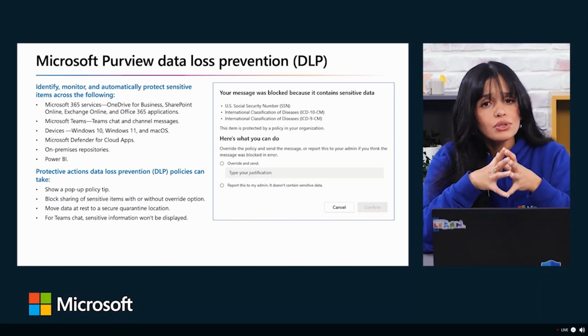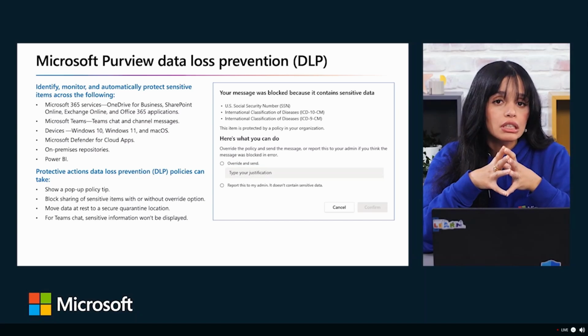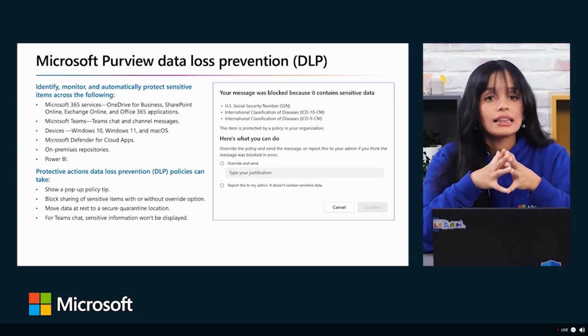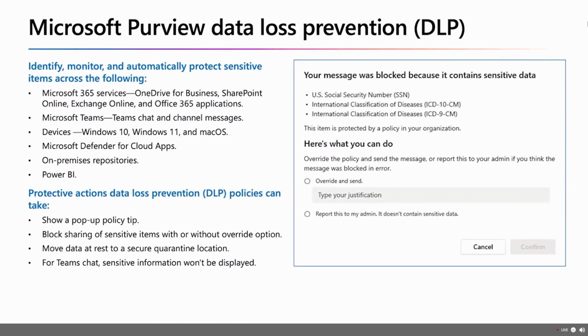The way data loss prevention policies work is by using a series of conditions and actions applied to specific locations, like your SharePoint or Exchange. So let's say, for example, that you have a data loss prevention strategy in place to prevent users from sharing any type of sales contracts.